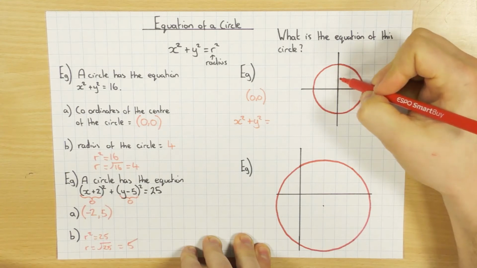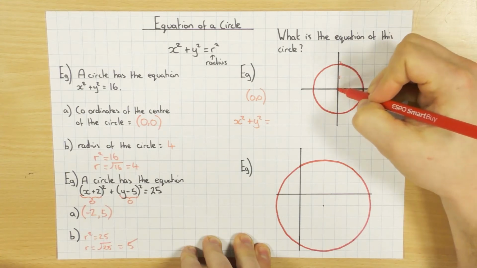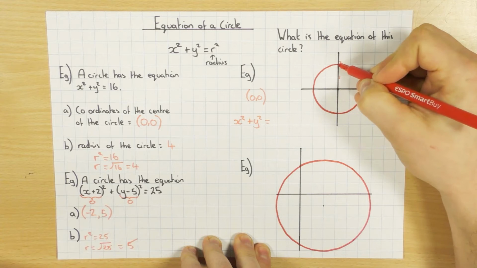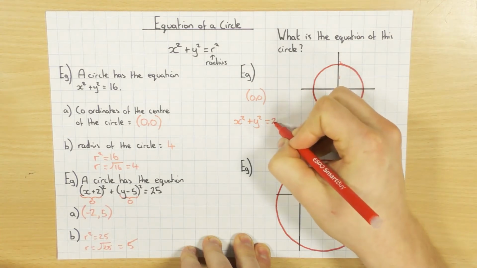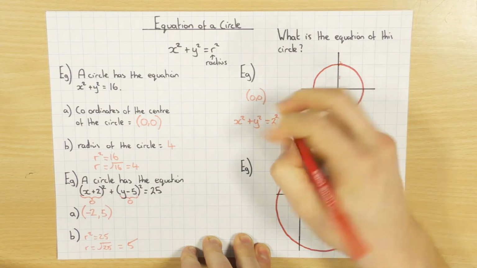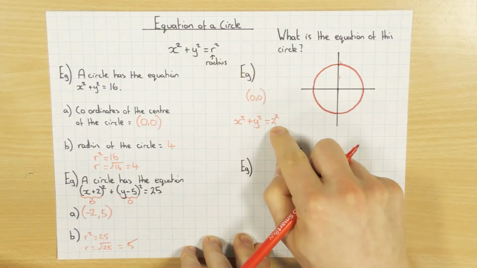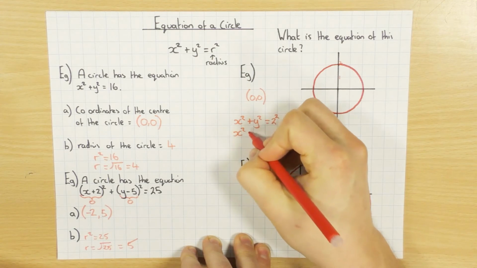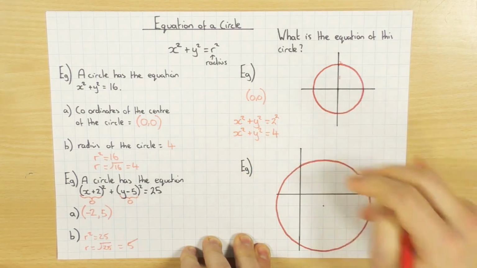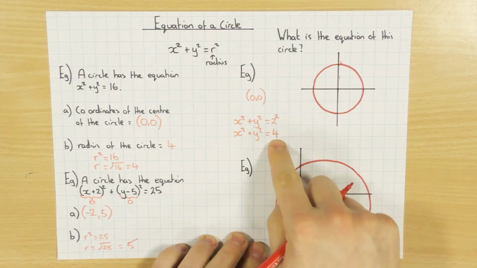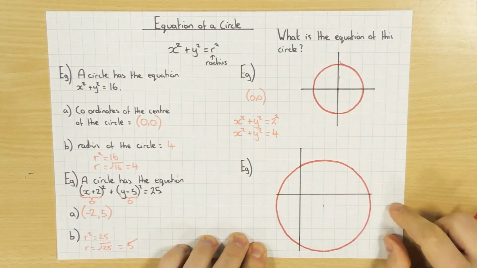Now, in this one here, the radius from the centre of the circle to the circumference is 2. So I know the radius is 2, but don't forget it's the radius squared. So it'll be 2 squared. Then all I've got to do is work that out to be x squared plus y squared equals 4. And there you go, there's the equation of that circle.